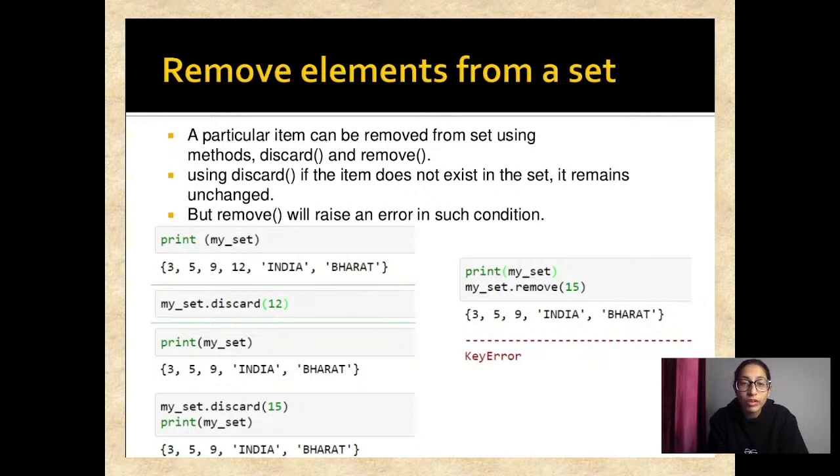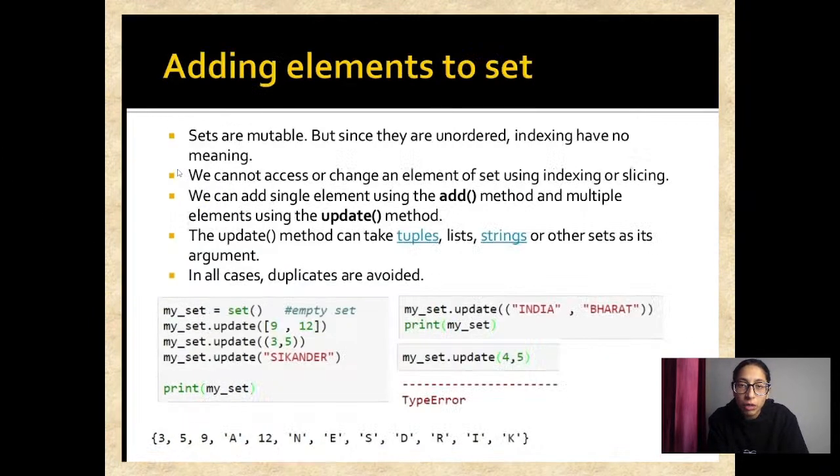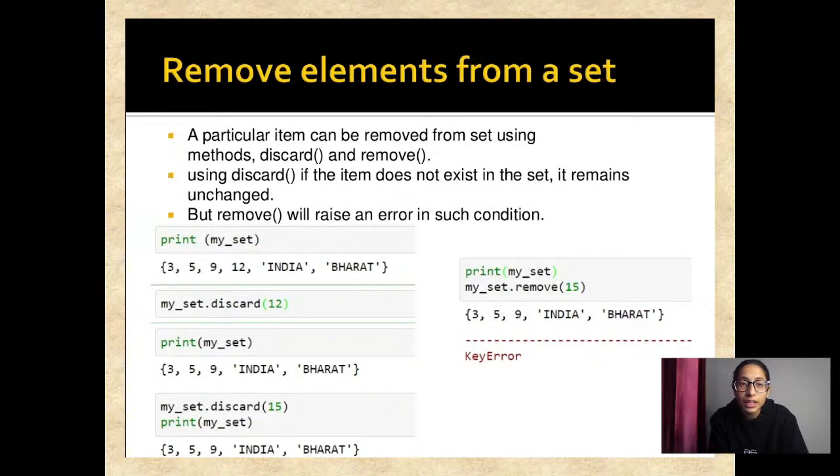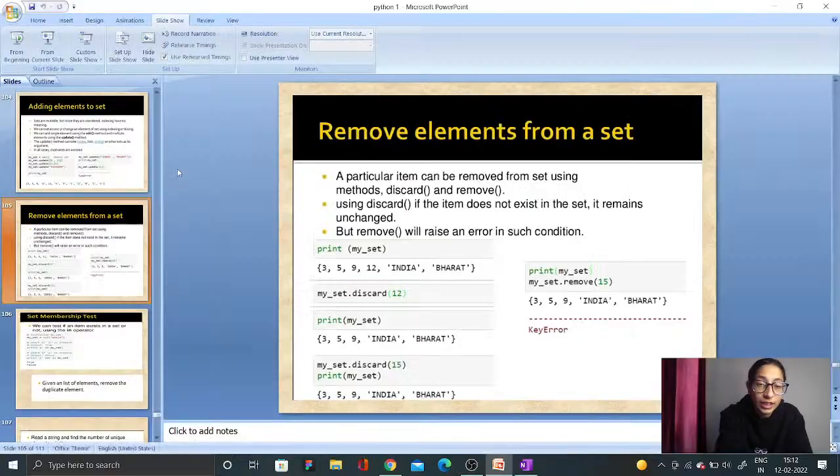But remove will raise an error in such a condition, that it is not present. Now adding and removing: for adding, we use the add method and update method. In removing, we use the remove and discard methods. Okay, that is often used with a particular set.